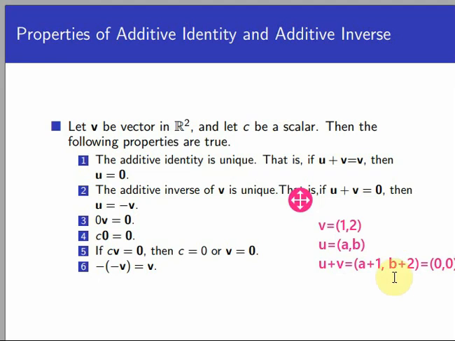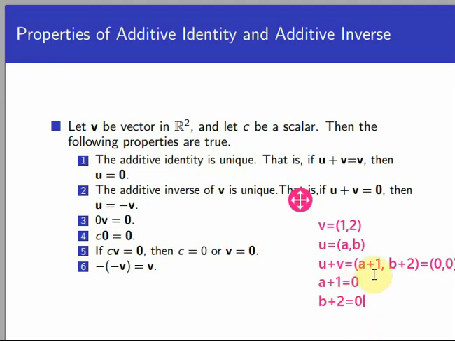Then, as we have discussed in the last paragraph, two vectors are said to be equal if the corresponding components of the vectors are equal. So a plus 1 is equal to 0, and b plus 2 is equal to 0.